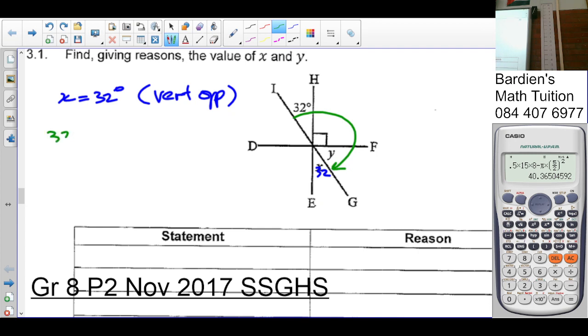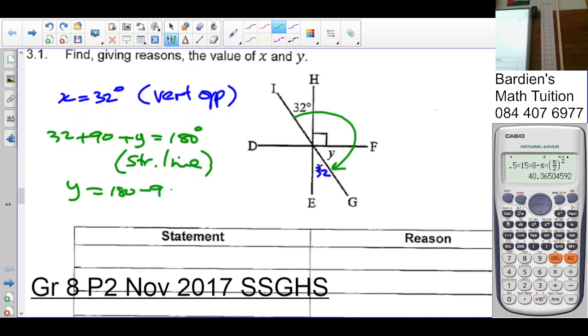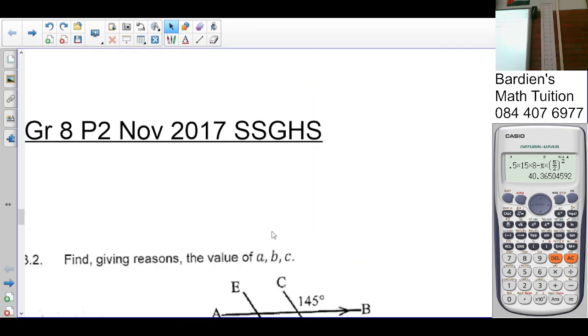So you say 32 plus 90 plus y is equal to 180. These are angles on a straight line. So y is equal to 180 minus 90 minus 32, which is 58. Okay. You all agree? Right. Next.